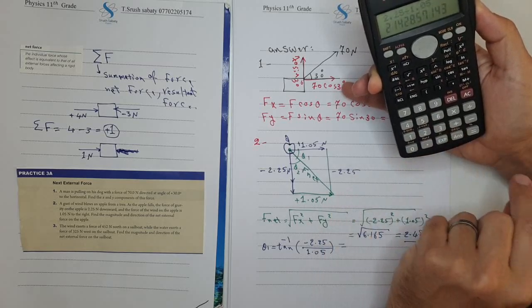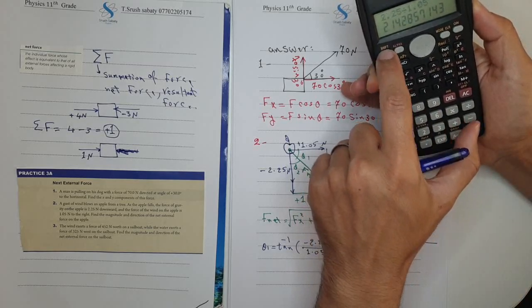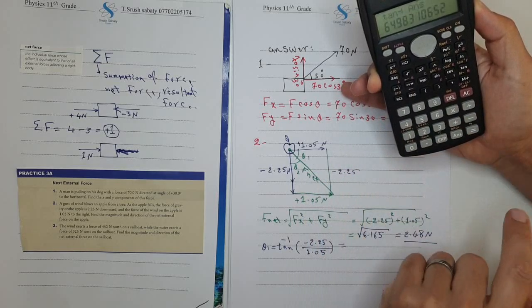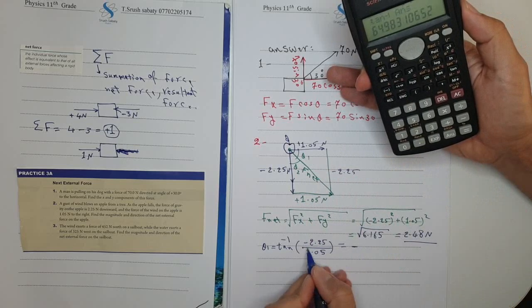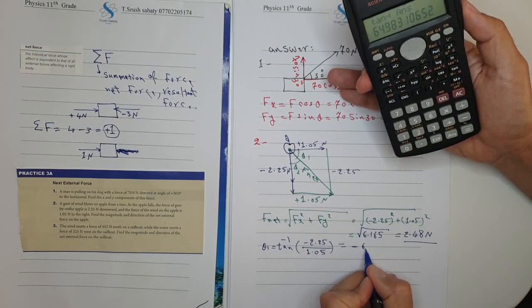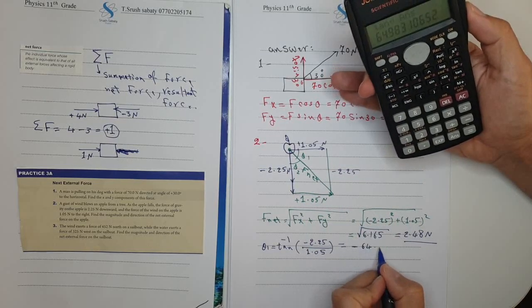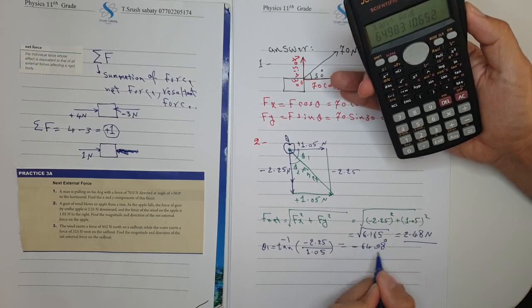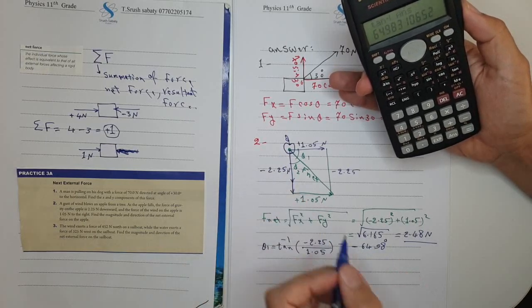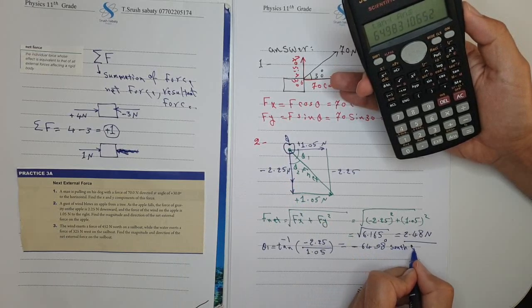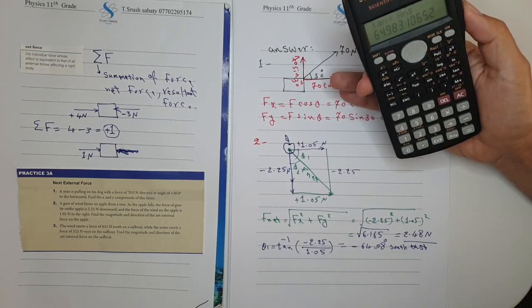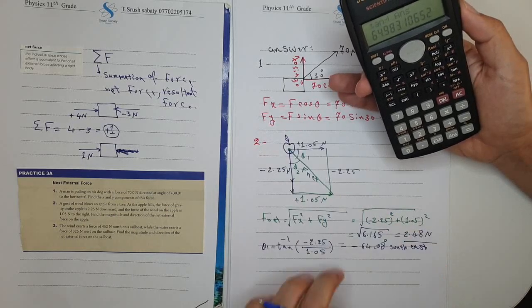So the result, using shift and inverse, will be minus 64.98 degree toward south east, because this is theta 1.